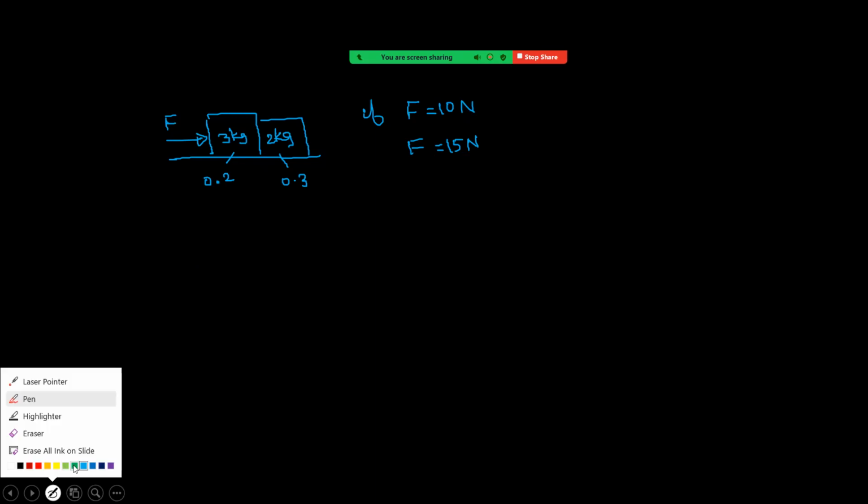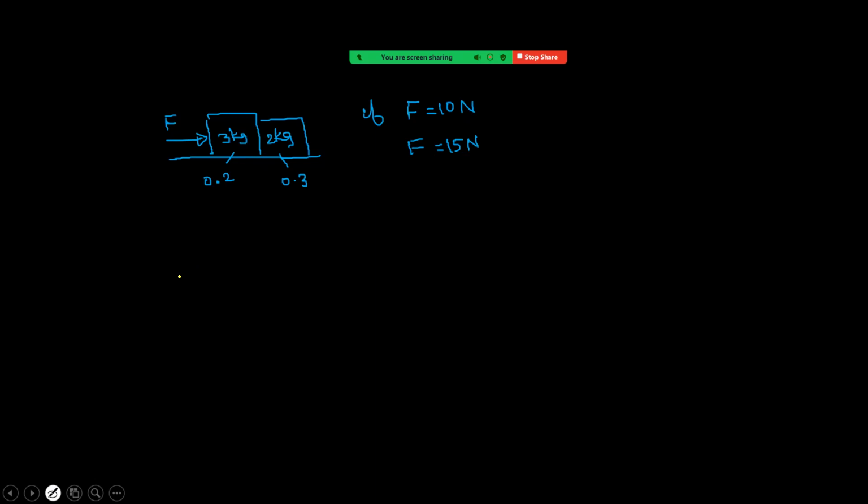First we have to focus on whether the system moves or not. That is what we have to cross-check. For that, first focus on the limiting friction at each contact. Limiting friction for the 3 kg block: this is 0.2, so the limiting value is 6 Newton. Now the same thing for the 2 kg block.